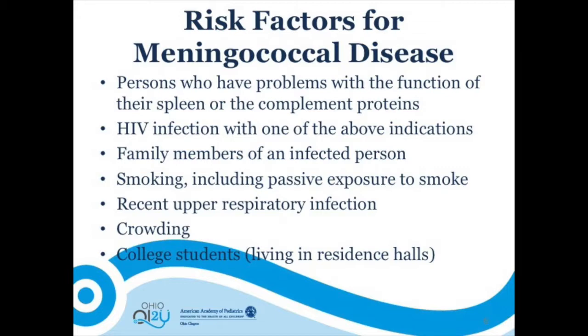Crowding is another risk factor. If there's close contact between individuals, this allows the more easy spread of nose and throat secretions. And college students living in residence halls, again, are at increased risk because of close physical contact. People without any of these risk factors can also develop meningococcal disease.